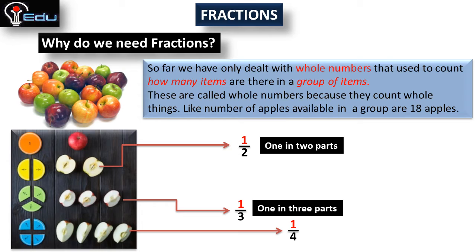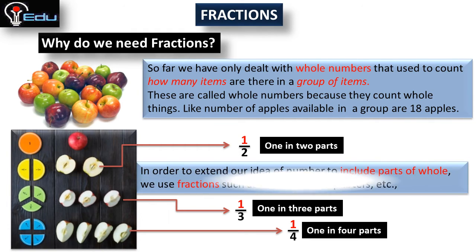To represent one of the parts, we require fractions, that is 1 divided by 4, 1 in 4 parts. So for representing the divided parts we require fractions. And next, in order to extend our idea of number to include parts of a whole, we use fractions such as halves, thirds, quarters, etc.